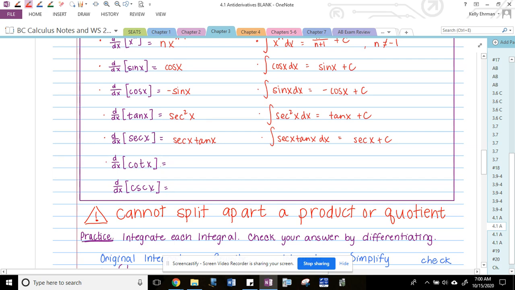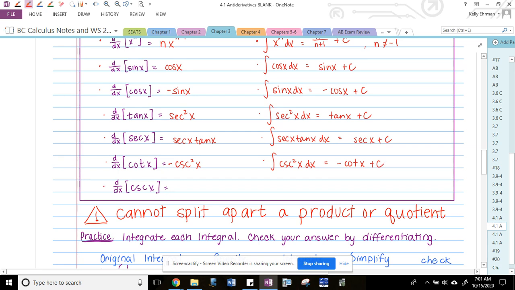The derivative of cotangent x is, remember, if you know tangent, you know cotangent. It's just put a co in front of everything. It's cosecant squared x, negative. Almost forgot the negative. So if we're doing the integral of just cosecant squared x dx, so if it doesn't have the negative sign included, then my answer is going to equal negative cotangent x plus c.